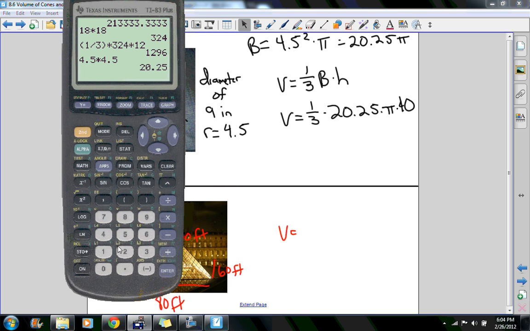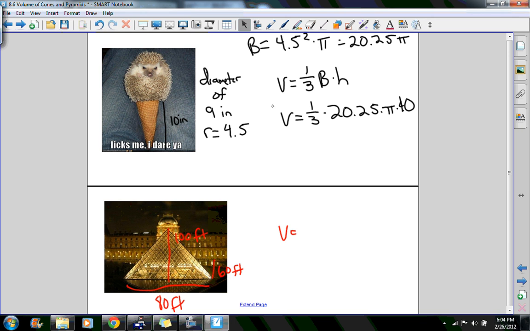You can do 20.25 times 10, and then take that answer and divide it by 3. That's the same thing as multiplying by 1/3. So 67.5 pi, and the label is going to be inches cubed.